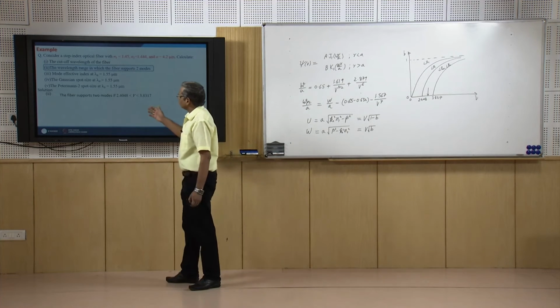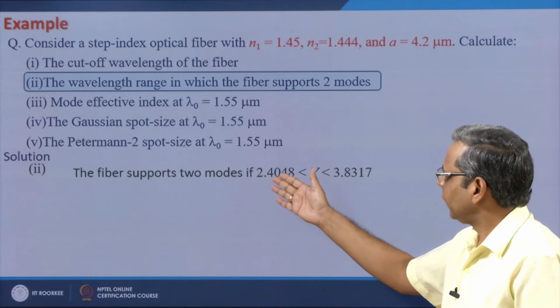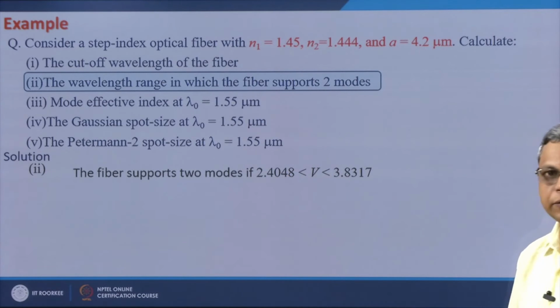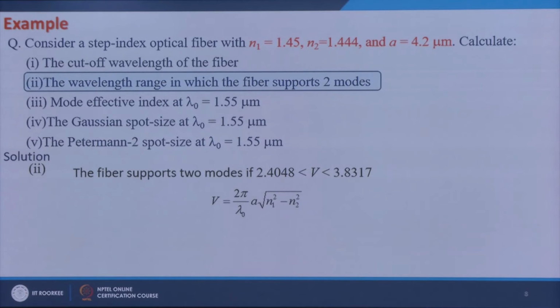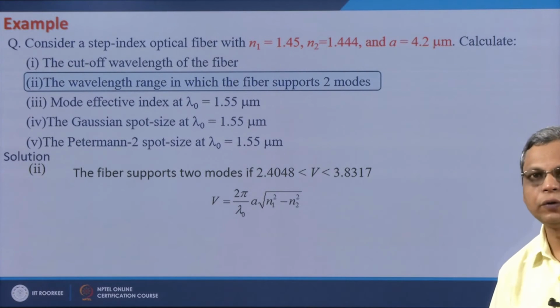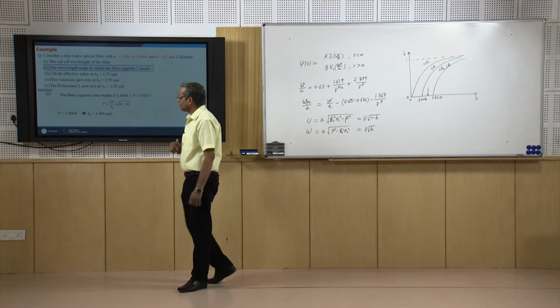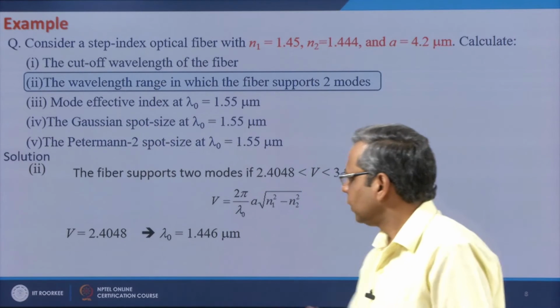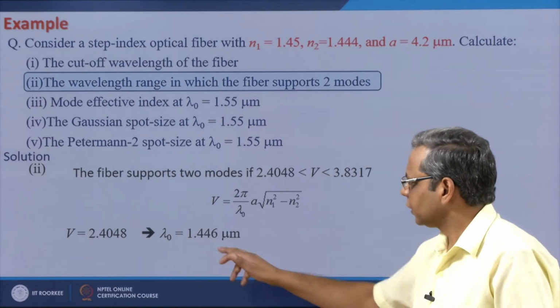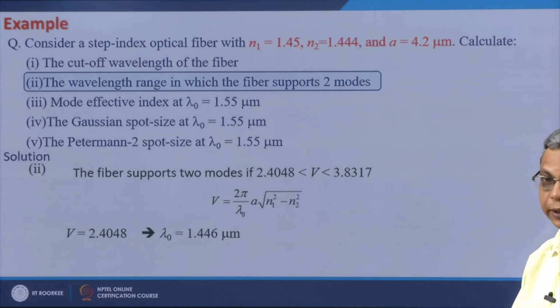So what I need to just now find out are the values of lambda corresponding to these values of V, and V is given as 2 pi over lambda naught times a times the square root of n1 square minus n2 square. So V is equal to 2.4048 will correspond to lambda naught is equal to 1.446 micrometer, which we had done in the previous part itself.